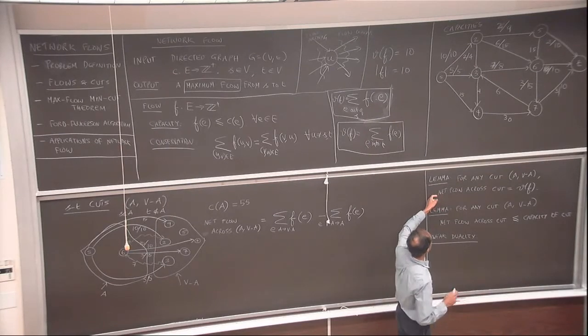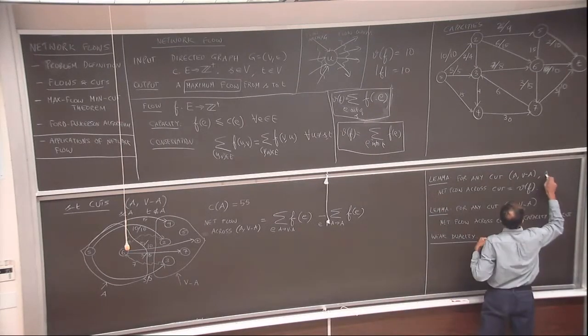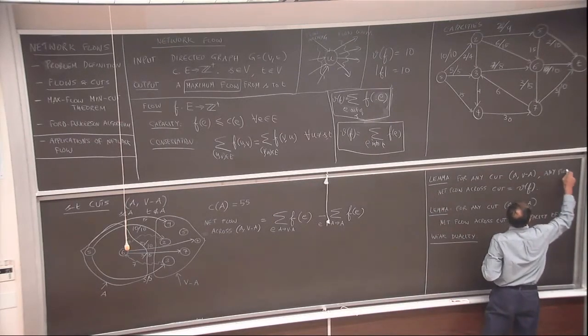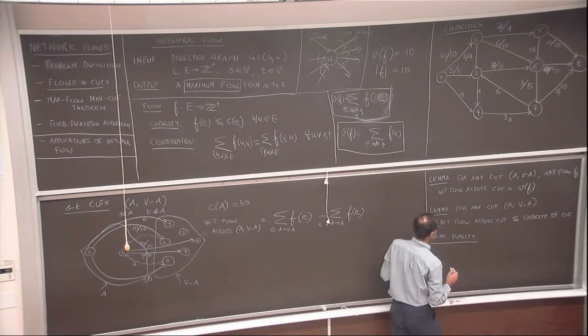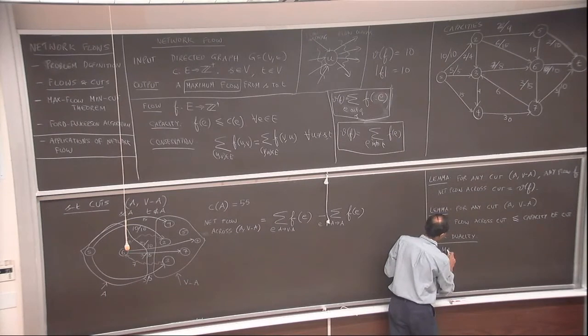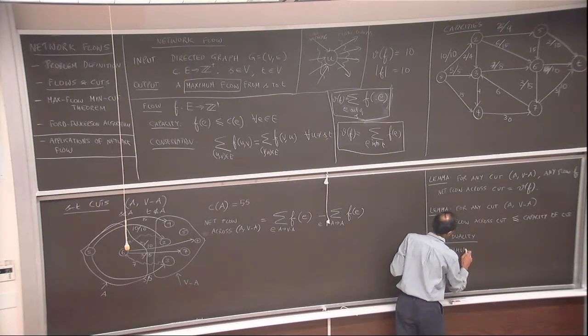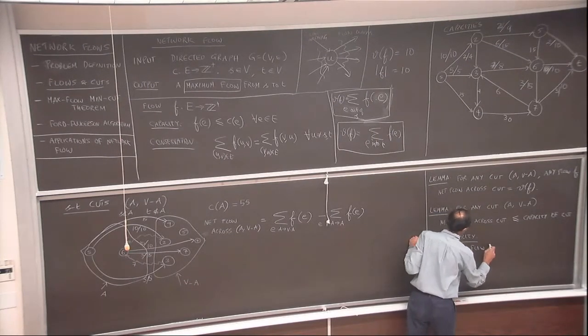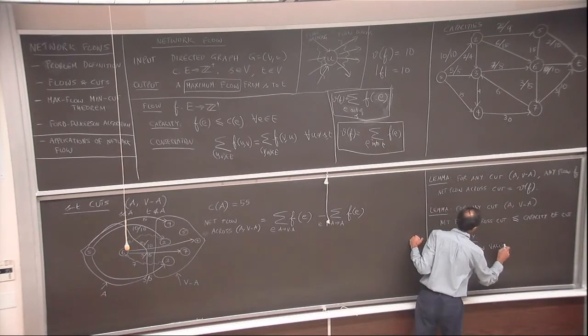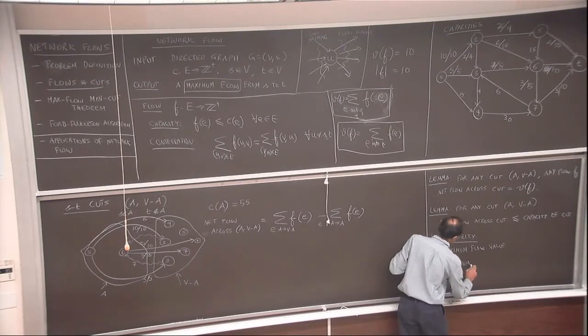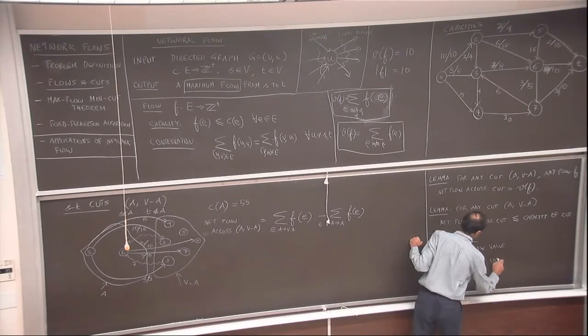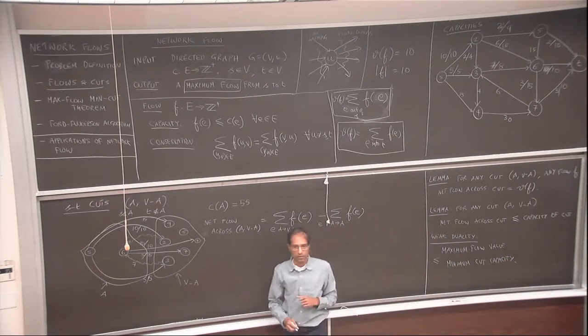For any cut and any flow F. The weak duality lemma says that maximum flow value is less than or equal to minimum cut capacity.